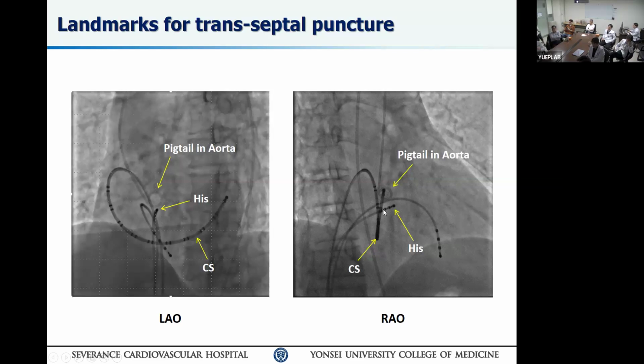So this is where the aorta is, you can think. And also, the CS catheter is another landmark. I will illustrate this point in the following figures as well.